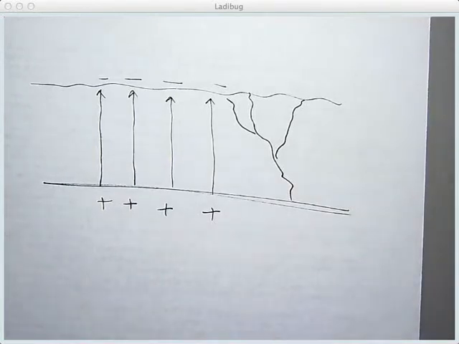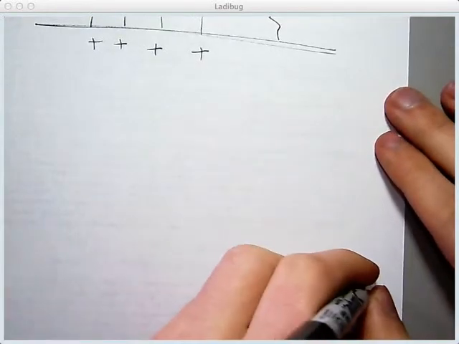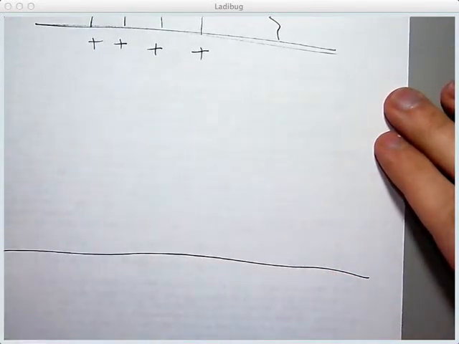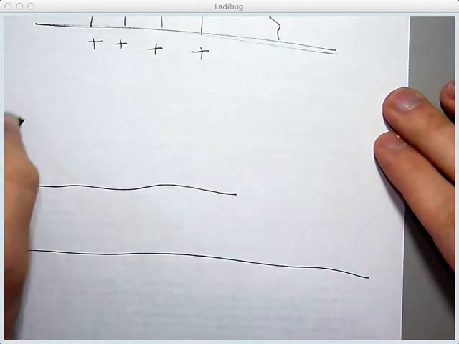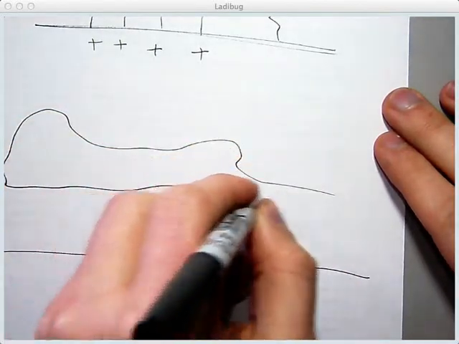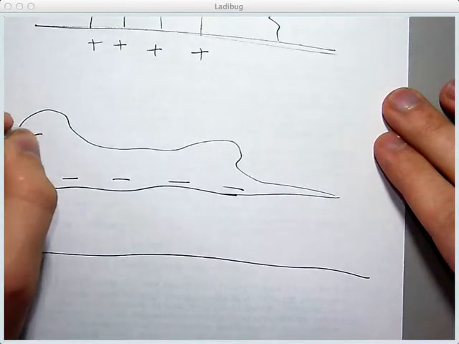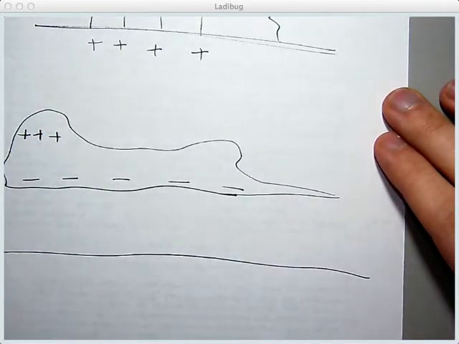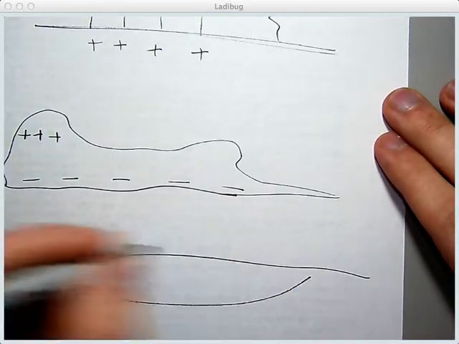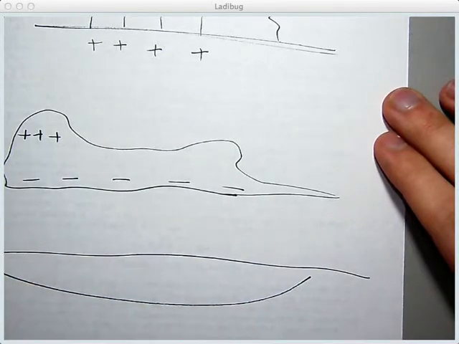And actually, sometimes, remember we said that we have the thundercloud, and the bottom of the thundercloud's negative, but the top of the thundercloud's positive. And so, since we have this kind of evacuated region, we'll actually have negative charge on the outside.